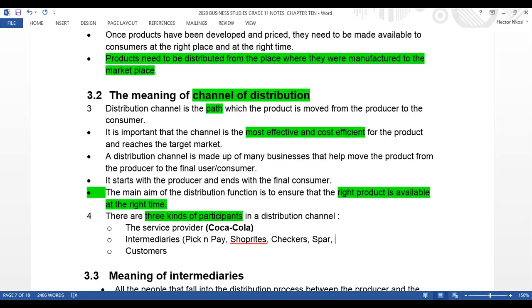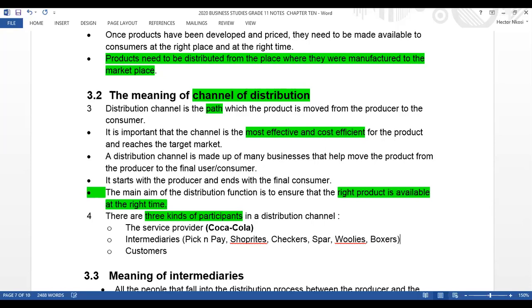Where else can you get Coca-Cola? You can get it at Woolies, Checkers, Pick and Pay, Spa. You know them better. I've named Pick and Pay, ShopRite, Checkers, Spa, Woolies. There are so many, your Boxers too.